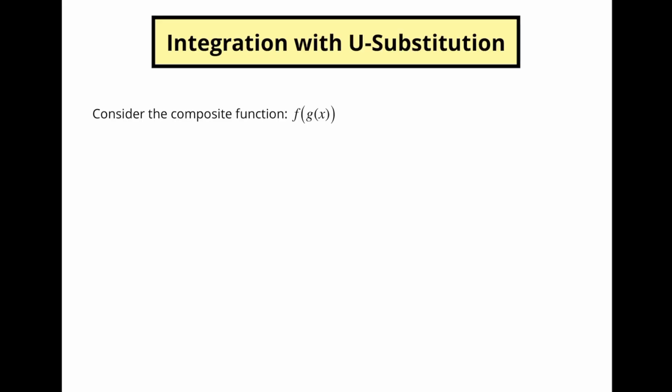Let's get to it. So as we integrate with U-substitution, I want to start by looking at just a general composite function. I don't want to think about integration yet. I want to think about what happens if we take the derivative of a composite function.